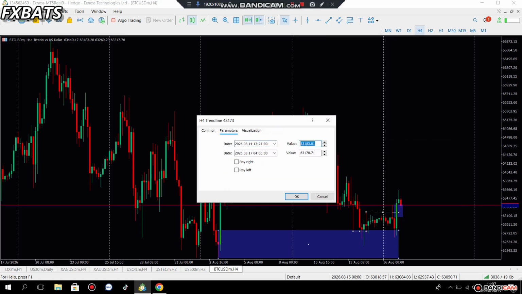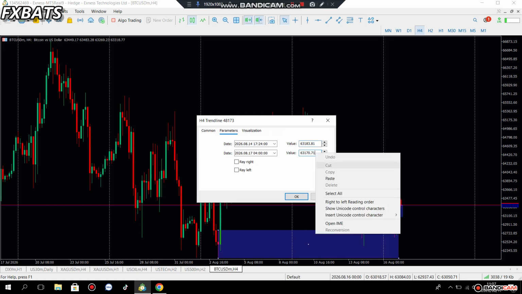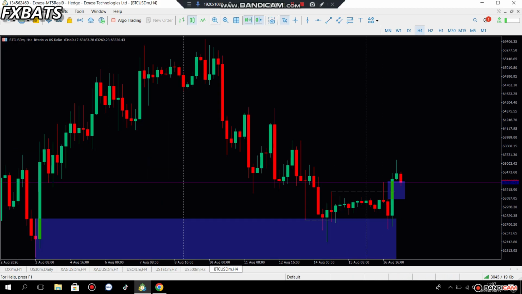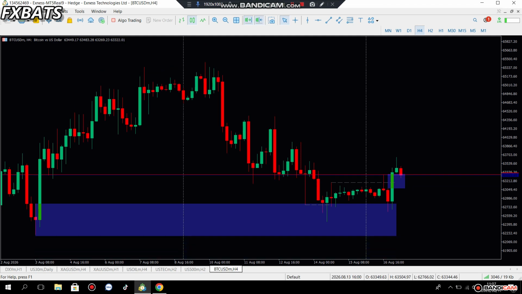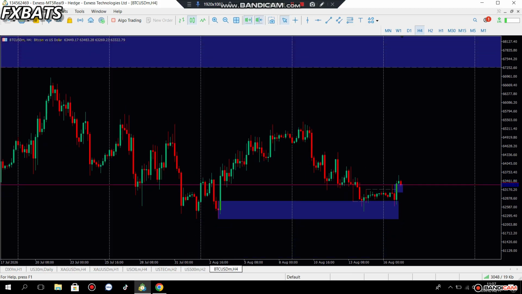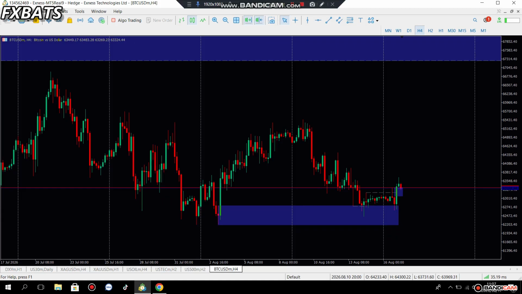H4 change of character simply means price was able to displace towards the upside. Displacement towards the upside means price shifted, leaving behind the area of what? The fair value gap.